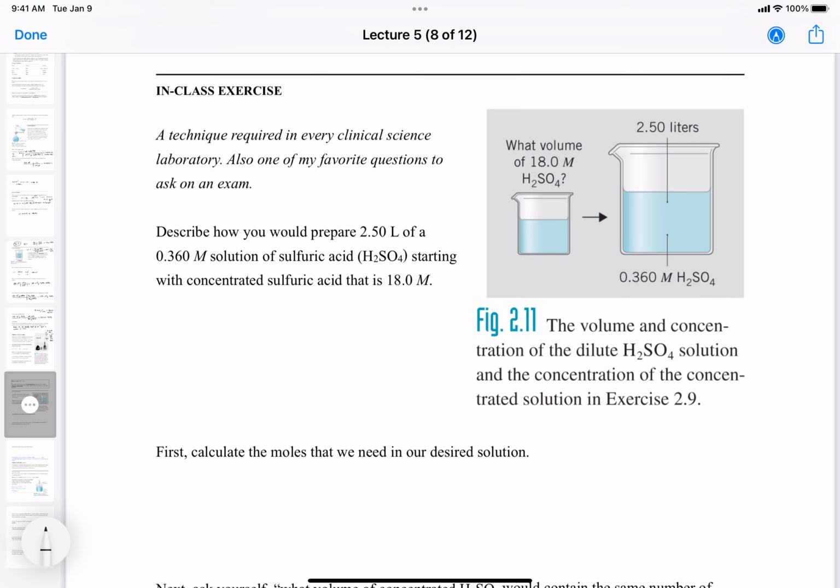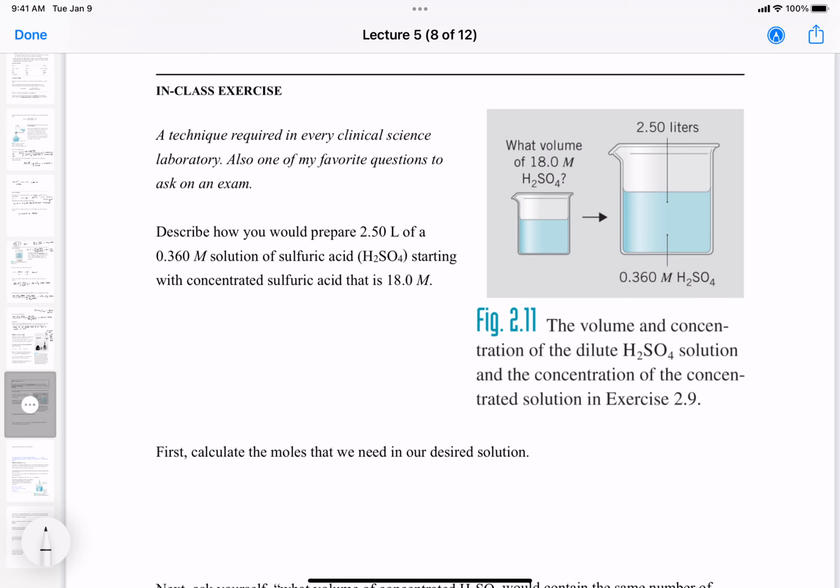This was the volume and concentration of our dilute solution, and the one on the left is the solution we considered in the previous exercise.